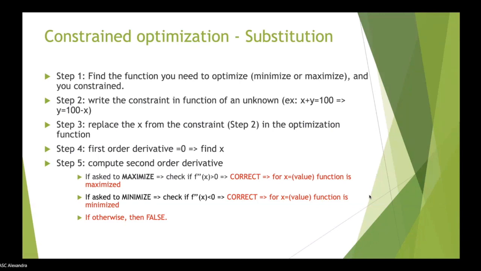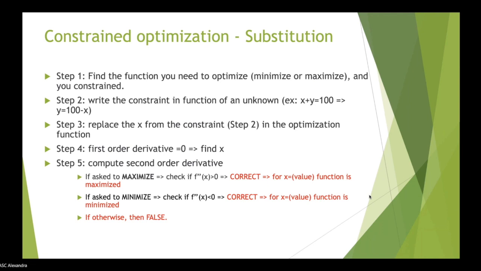So what you want to do is first, obviously, identify your optimization function and your constraint. But as I said, usually the function, profit or cost or revenue or whatever, that is the closest to the word minimize or maximize, it's usually your optimization function.